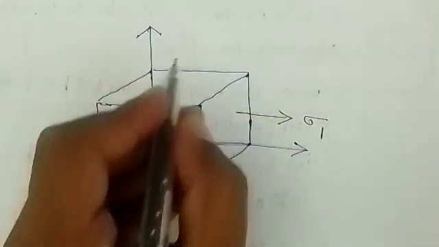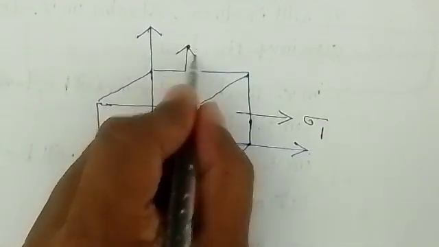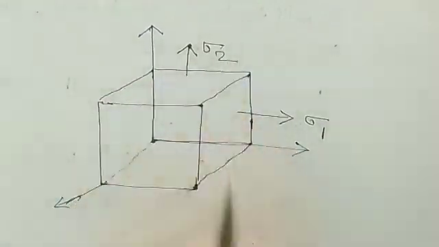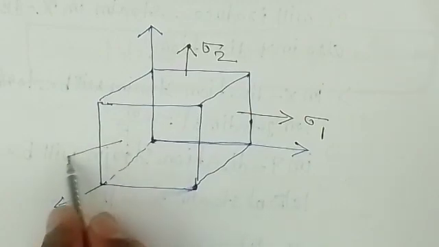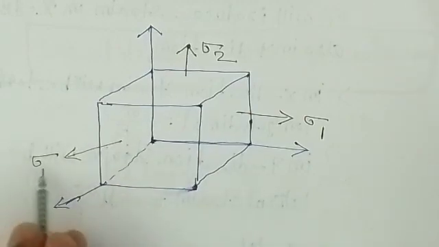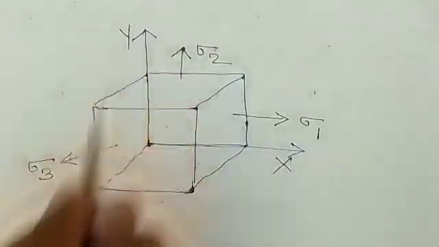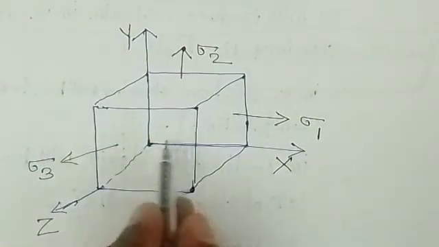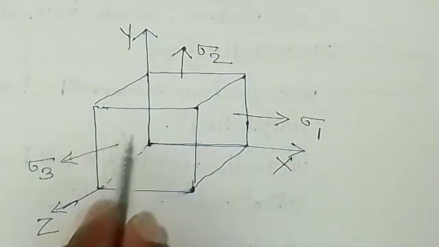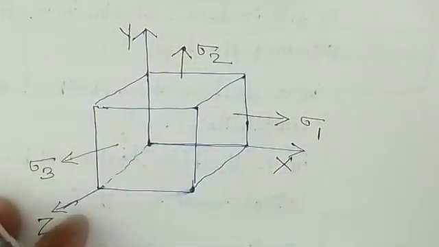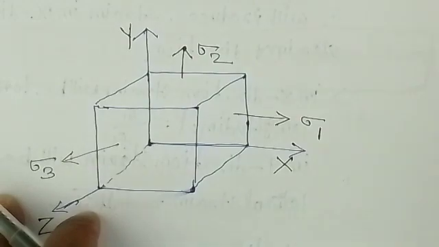Parallel to the y-axis is the stress sigma 2, and along the z-axis is the stress sigma 3. Sorry, this is x, this is y, and this is z. So on the x-axis the stress is sigma 1, on the y-axis sigma 2, and on the z-axis sigma 3.